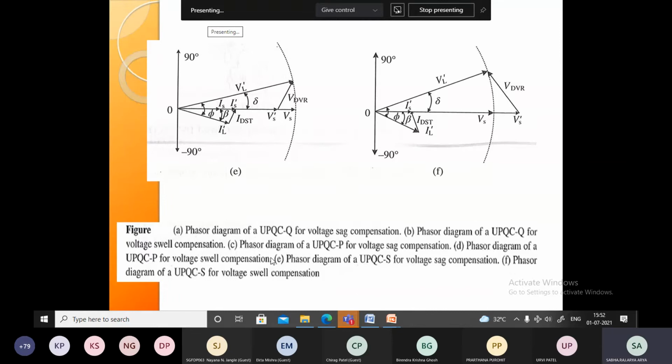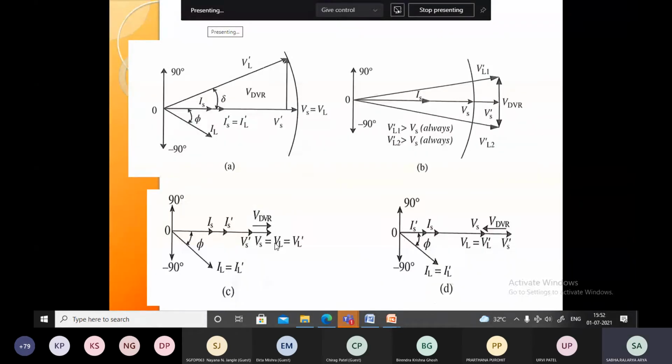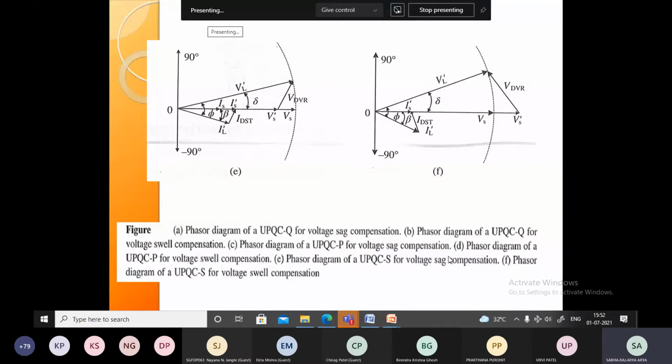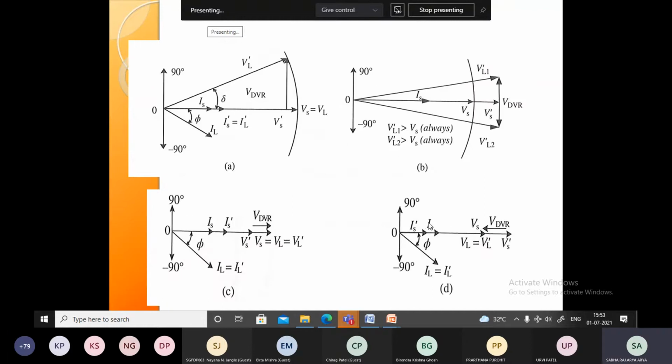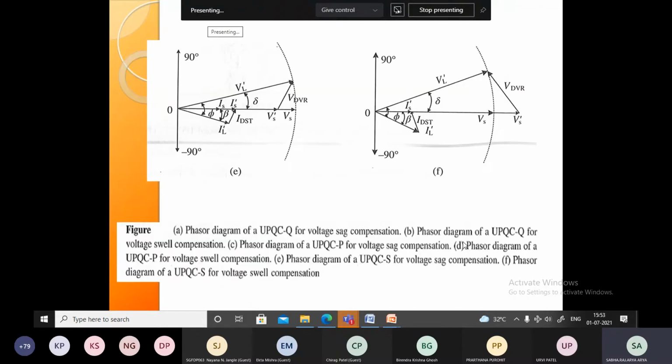We don't have a C here, we have A, B. Number D, phasor diagram of UPQC-P for voltage swell compensation. E, phasor diagram for UPQC-S for sag compensation. Number F, phasor diagram of UPQC-S for voltage swell compensation.